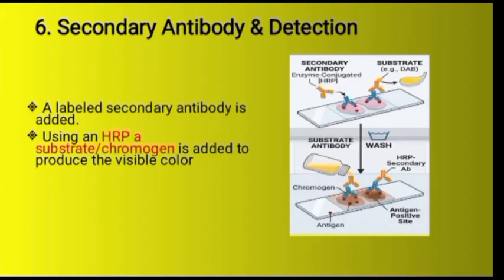That substrate, when added, will react with the tagged antibody and the chromogen, as I've said, to emit a light. So that light is showing you that yes, there is a reaction. Because technically, the reaction between the primary antibody and the antigen cannot be vividly seen. However, when you tag it with a secondary antibody and react it with the substrate, you are going to see a color change. That color change is indicating that yes, there is a reaction between the test antigen and the primary antibody.